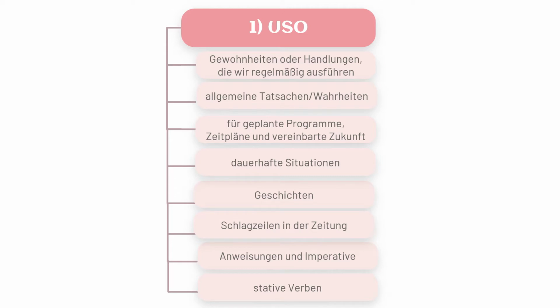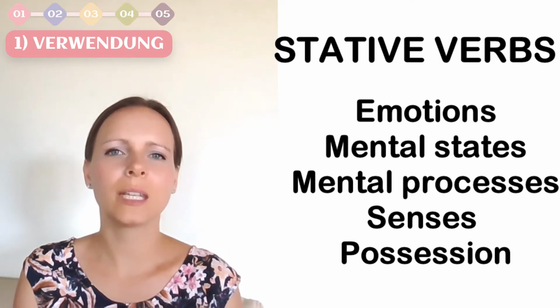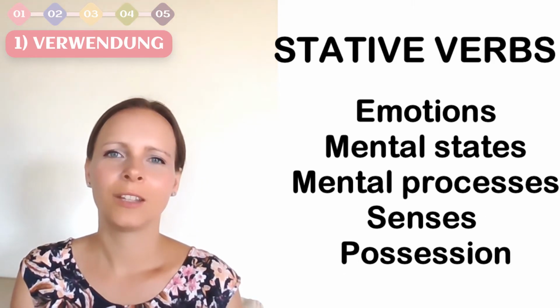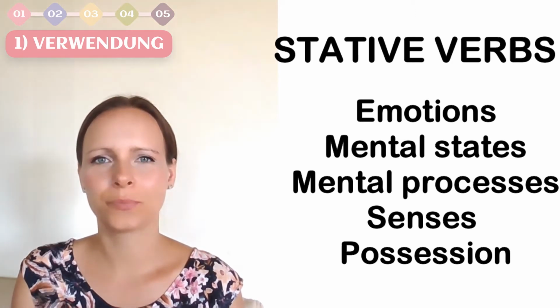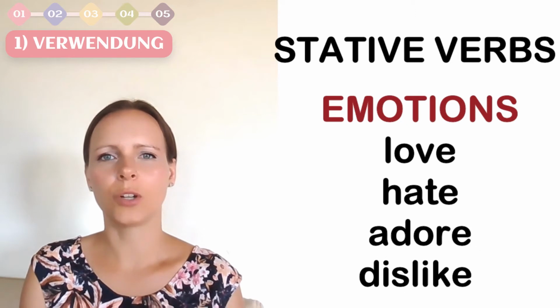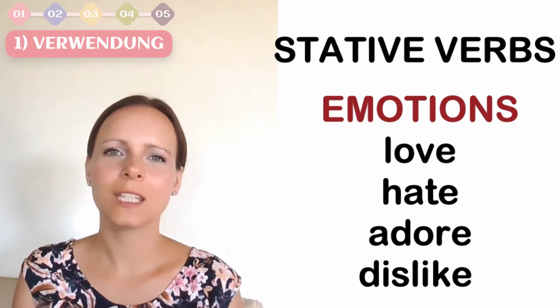Stative Verben. With certain verbs that are usually in the simple and not continuous tenses. These verbs are stative verbs and they express emotions, mental states, senses, and possession. For emotions, we have verbs like love, hate, adore, dislike.